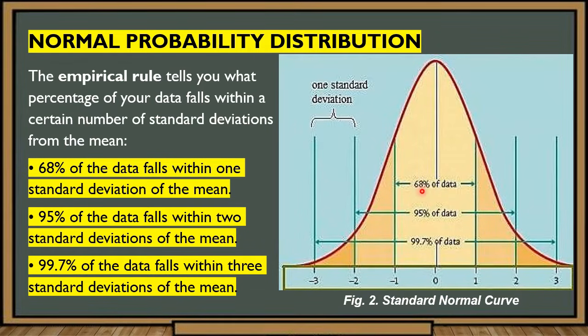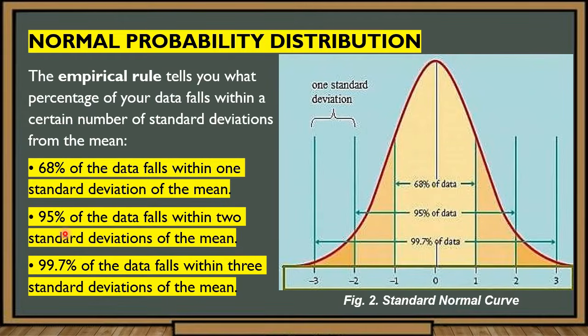Just follow the arrow: from negative 1 to positive 1, which represents 1 standard deviation of the mean, covers 68% of the data. Meaning the data falls in this region. 68% is more than half of the total data.